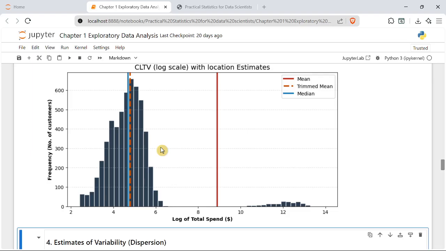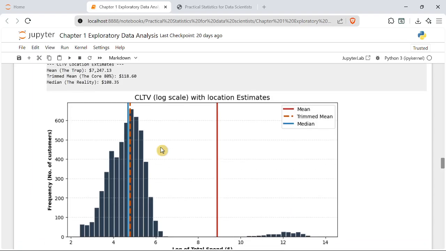To find our true baseline, we look at the median, which sits around $108. This is our operational reality. Half of our entire user base spends around $108 or less over their lifetime.